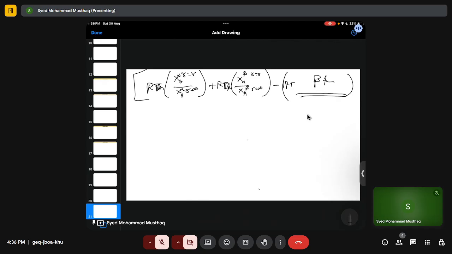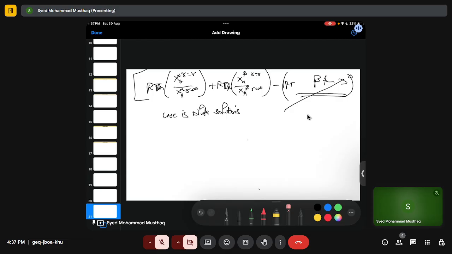Again, the case is dilute solutions. If I'm talking about dilute solutions, again this term will go away. Oh no, this term will not go away. Let me tell you why it will not go away.